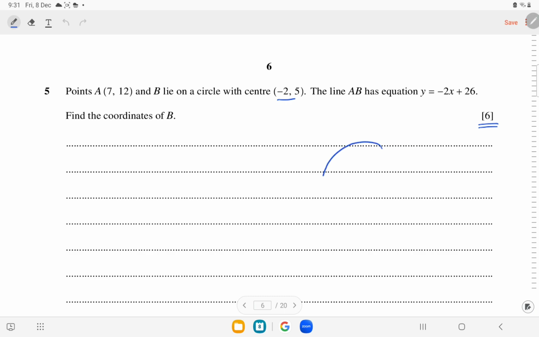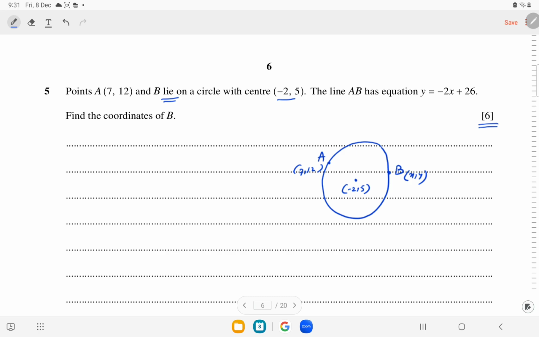So it is given that a circle has point A and another point B on it, and the center is lying at -2, 5. Coordinates of A are 7 and 12, while B we are looking for, but both points lie on the circle.